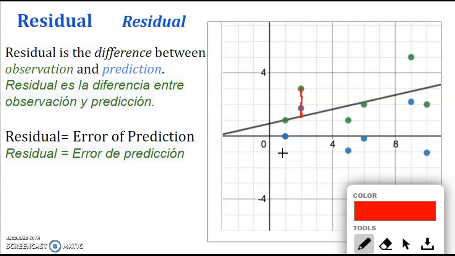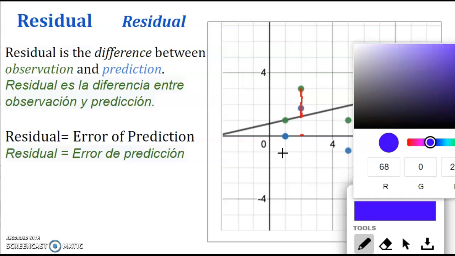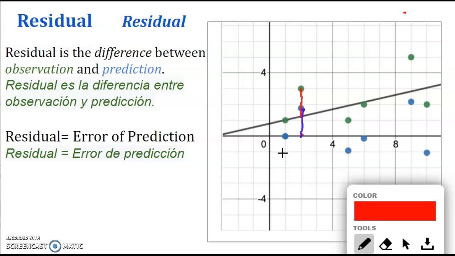So it is above my line of best fit, so it's going to be positive, and it is close to 2. So that is the reason the blue dot is close to 2 from 0. Okay, then let's look at the next one.